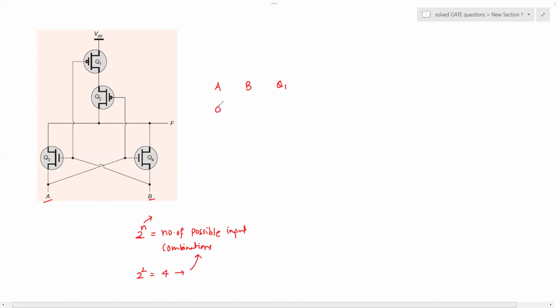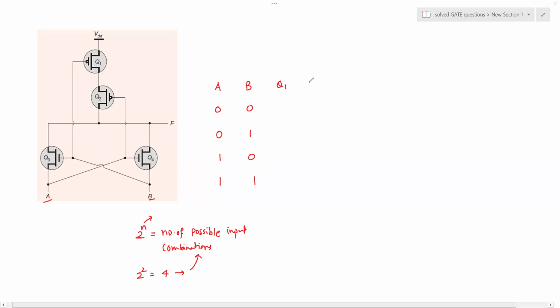So they will be 0 0, 0 1, 1 0, and 1 1. And then we want to analyze, for all these four possible combinations, what will be the transistors' condition, whether it is on or off. When the MOSFET is on, we say that it is saturated, and if it is off, then it is cut off.